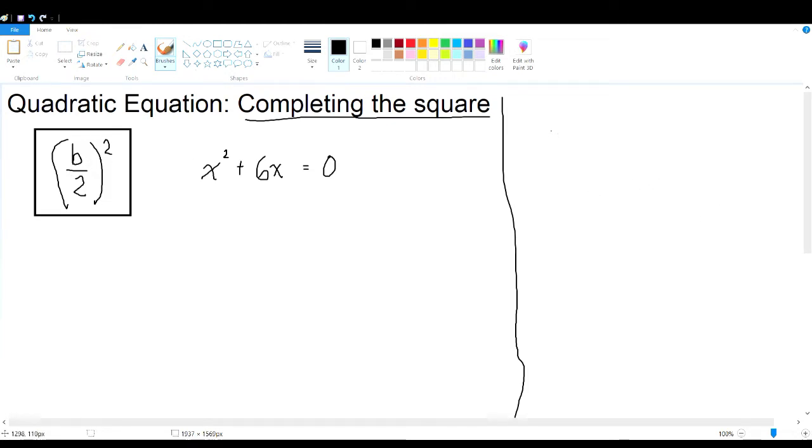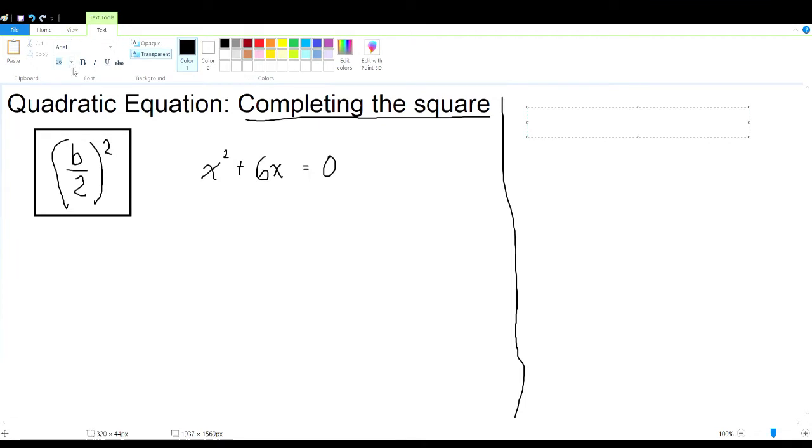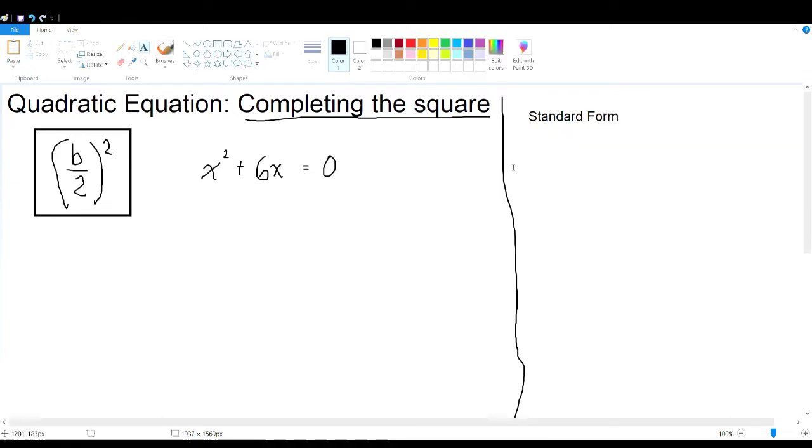Now, sa quadratic equation kasi may tinatawag tayong standard form. Ngayon, anong standard form? Standard form is ax squared plus bx plus c is equal to 0.